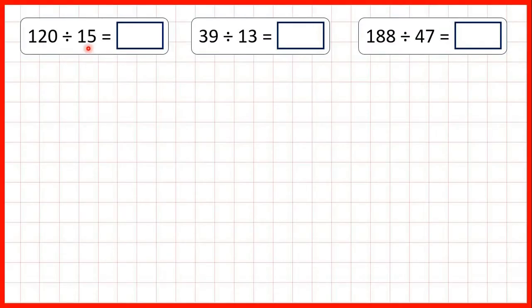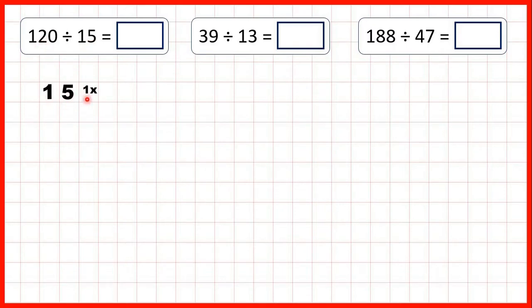Now for these questions, we need to divide by a 2-digit number. So first, we have 120 divided by 15. Now what we can do is count up in steps of 15 until we get to 120.